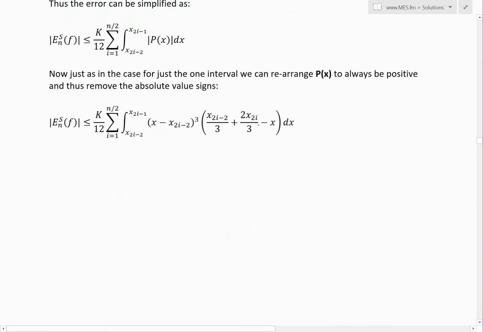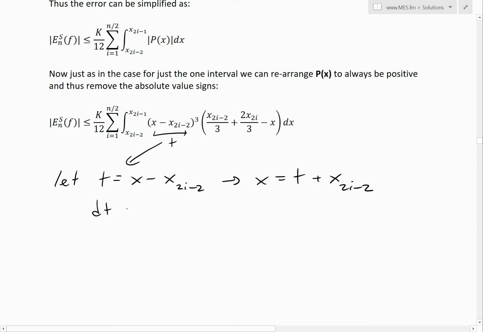So now what we're going to do is simplify this further, let t equal x minus x2i minus 2. Just so that this becomes, well, just t. And also what we have is x equals t plus x2i minus 2. The derivative dt equals dx. And now at x equals this point 2i minus 2, we have t equaling 0.